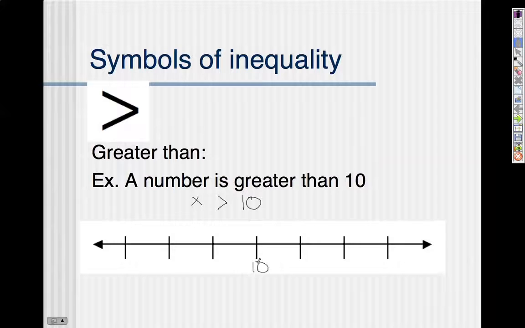So 10 in the middle, number is less than 10 to the left, number is greater than 10 to the right. Open circle at 10, and we can see our arrow is pointing to the right, and that makes sense because 11, 12, and 13 are numbers that are greater than 10.